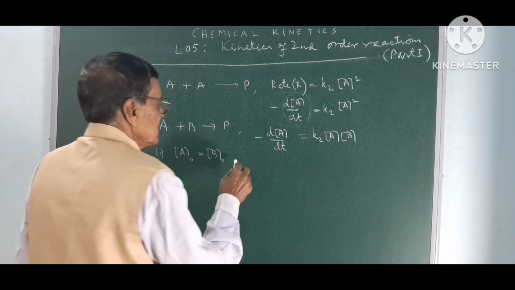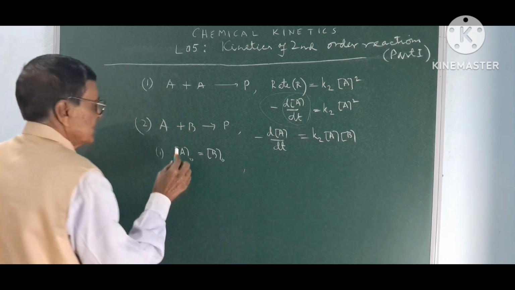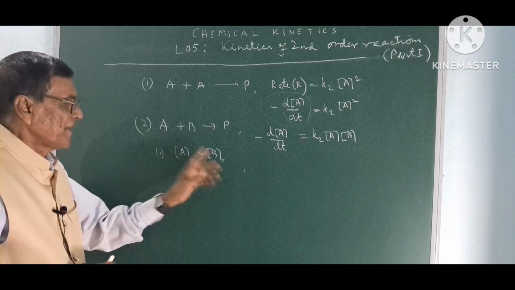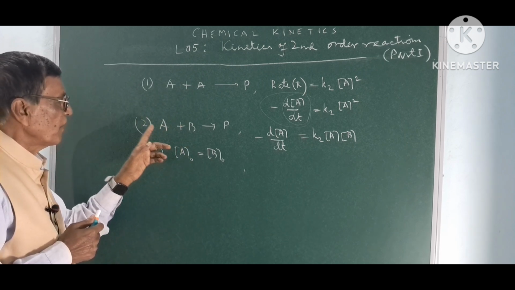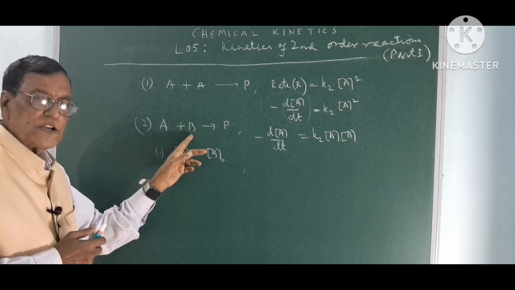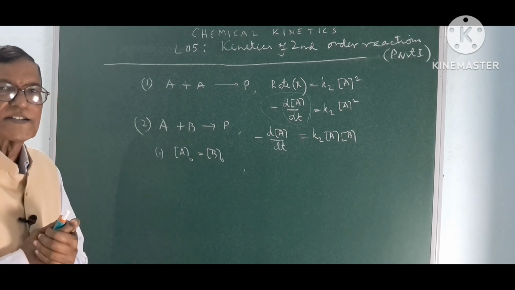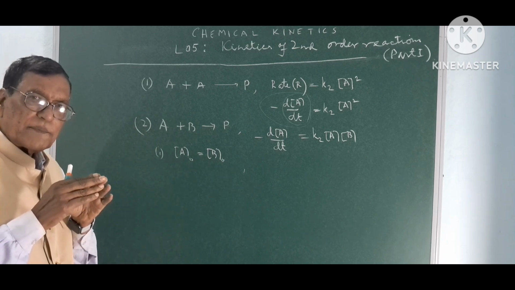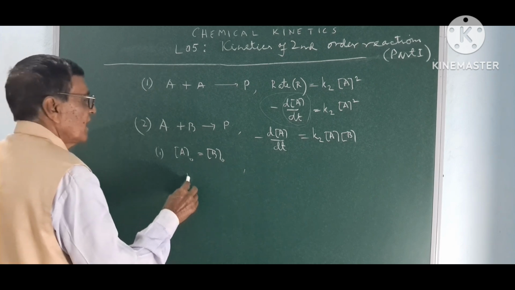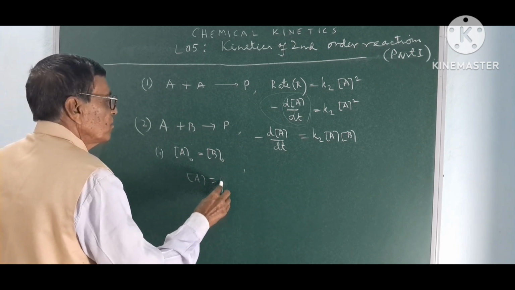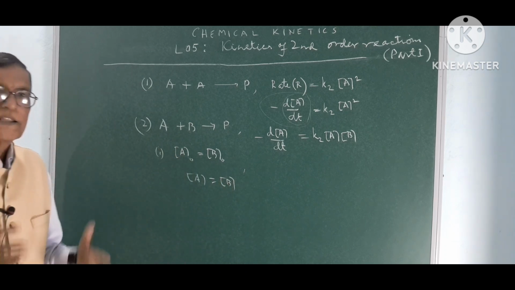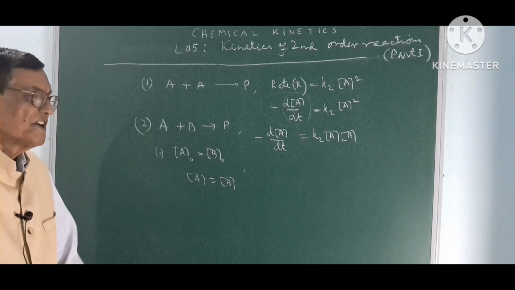Since the initial concentrations are the same for the two different reactants, and these are combining in 1:1 mole ratio, meaning stoichiometric ratio 1:1, at any time after the start of this reaction, the concentration of A equals the concentration of B. These two concentrations will remain the same always at any time during this reaction.